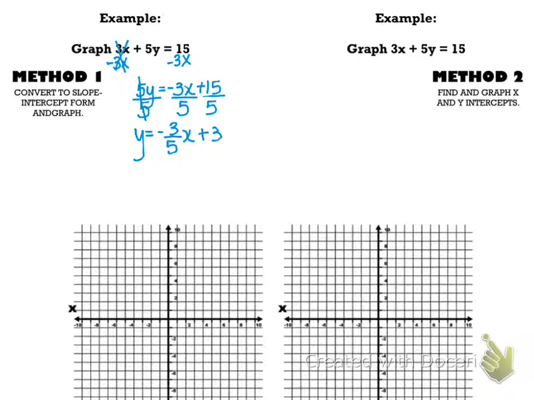Okay, so now we need to identify our slope. And our slope is negative 3 over 5, so it's going to be a negative line. And we need to identify our y-intercept. So our y-intercept is going to be 0, 3.